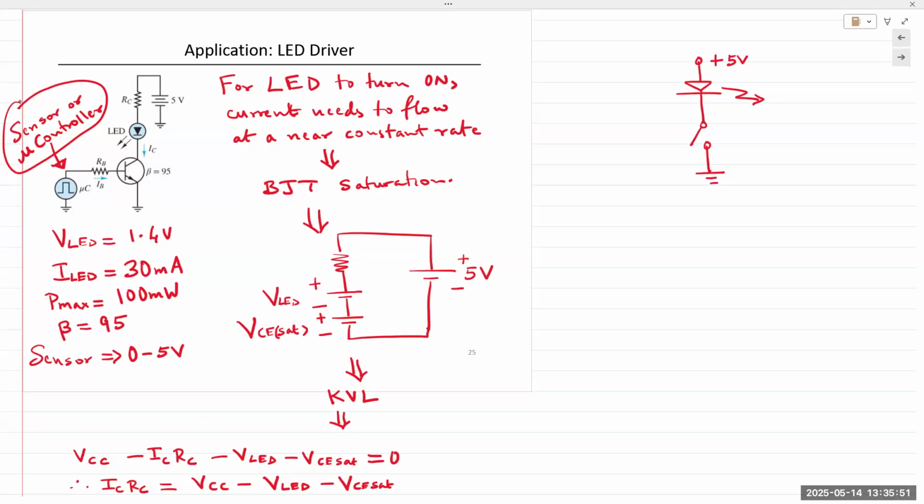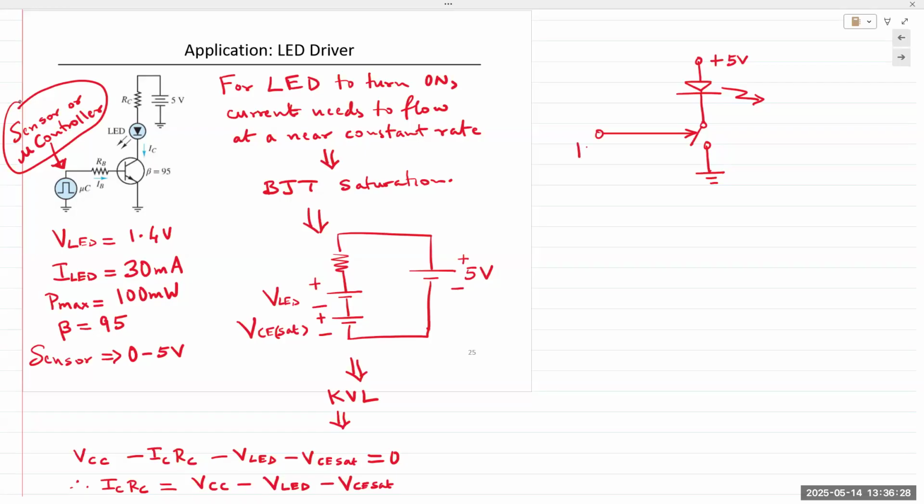You have the input that's coming from your sensor, and that is going to activate the switch. That's all that equivalent circuit is. You have an LED, and you're supplying power to that switch. It's like a flashlight. You have a manual button, except the manual switch is a BJT. The BJT is activated by a signal going into its base. The signal may be coming from a microcontroller, from a system, or a sensor of some sort.